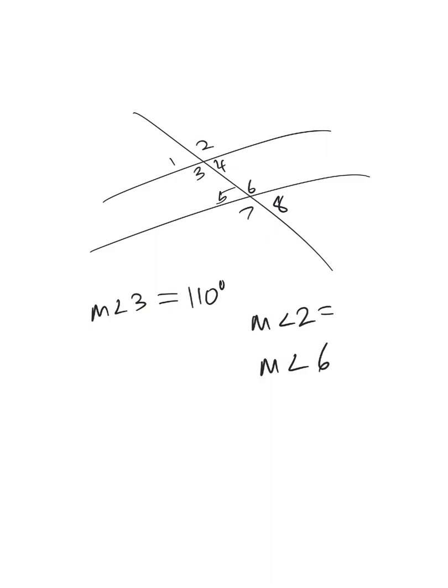Find the measure of angle 6, please. Okay, so 3 and 2 are vertical angles, so 110 degrees, vertical angles. Angle 6 is 110 degrees. That's alternate interior angles, which means they're equal as well. That's what you should have written. Who got it right? Okay, awesome.